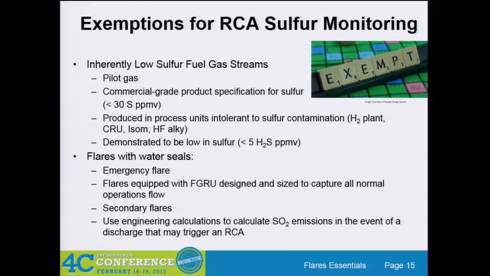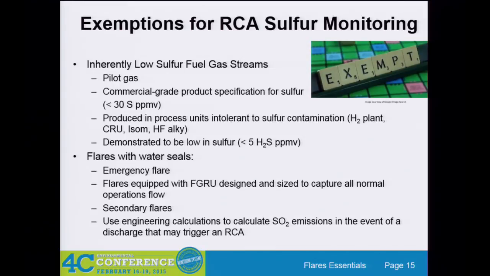You can also, especially a lot of times you'll see from loading operations, if you're loading a commercial grade product that has a sulfur specification, and you know that it's going to be less than 30 ppm of sulfur in the liquid product, then they're going to say the vapors are going to have so little sulfur in it that it's inherently low in sulfur.